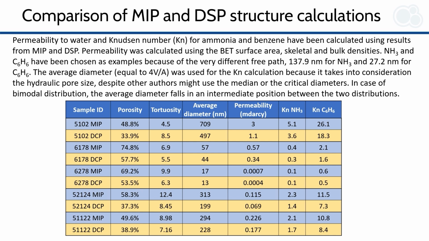For many, the results are very similar, but by separating the throat and cavity distributions as a function of pore filling window, we do see some significant improvements in results, particularly for the alumina with coarse broad pore volume distribution 5102. Recall that this is a sample for which more than 30% of the intruded mercury is retained within the sample. Note that BET surface areas and skeletal densities from gas displacement were used in the calculations.